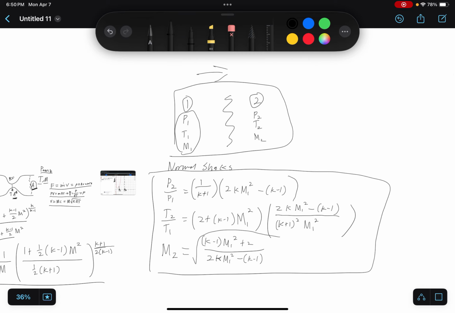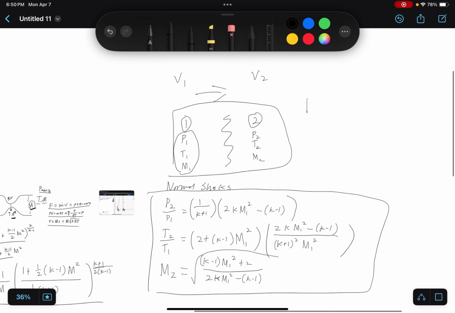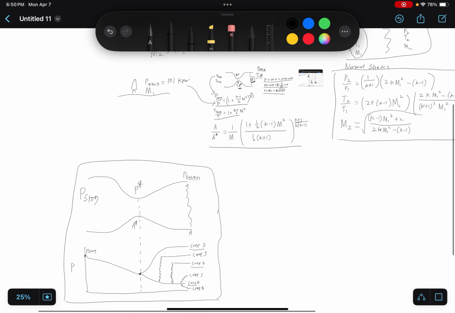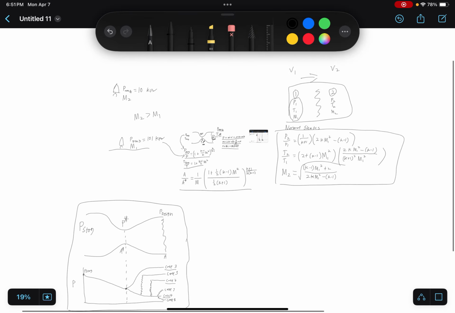And if you want, you could also just prove to yourself that velocity decreases as you go through a shockwave, and you could do that with M times the square root of KRT. You could get the M with this equation, you can get the T with that equation, and you're chilling. But it does decrease. And again, you don't want it to decrease because lower velocity is lower thrust. So you want to avoid that.